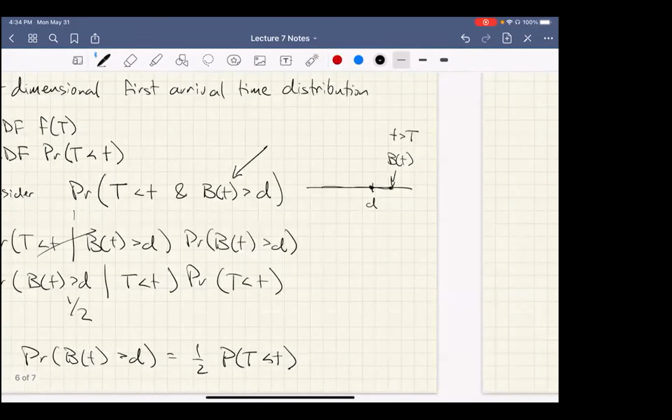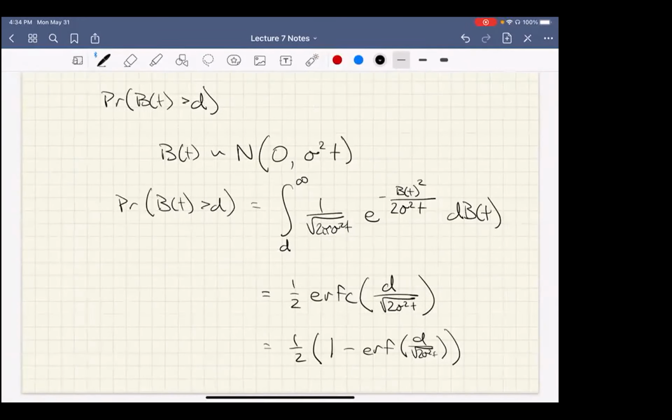So coming back here, this implies that the probability that the first arrival time is less than some value little t is equal to twice this, which is just 1 minus ERF of d over root 2 sigma squared t.